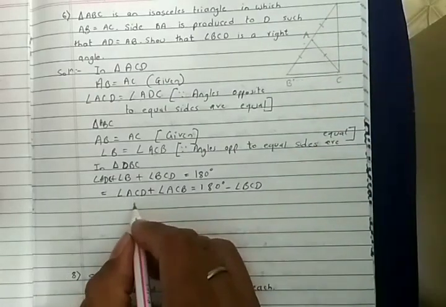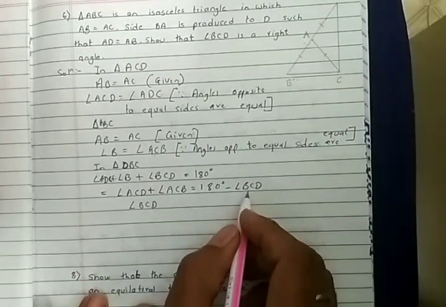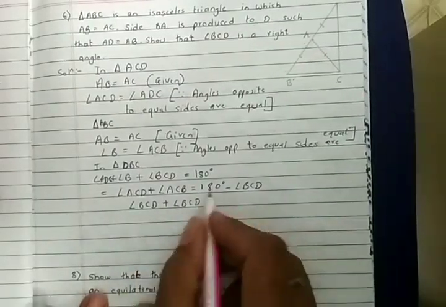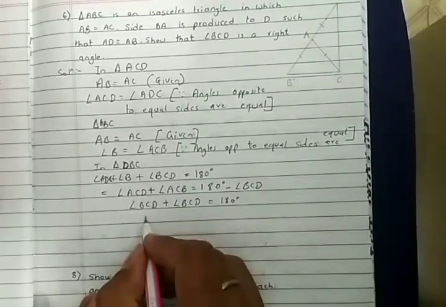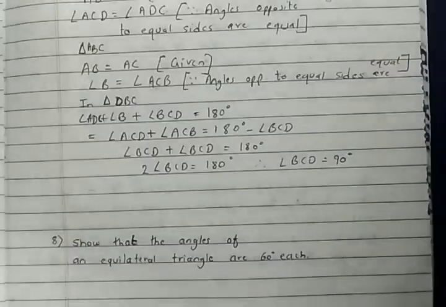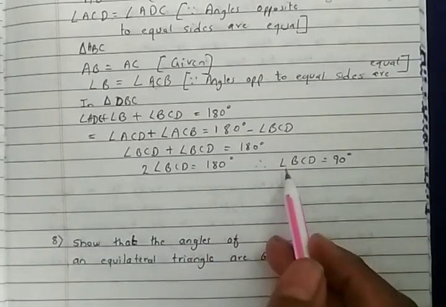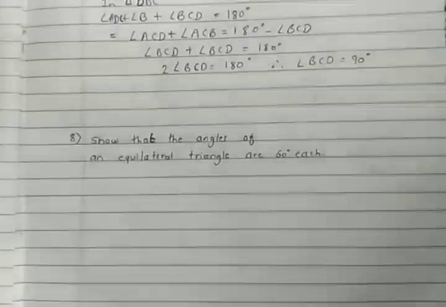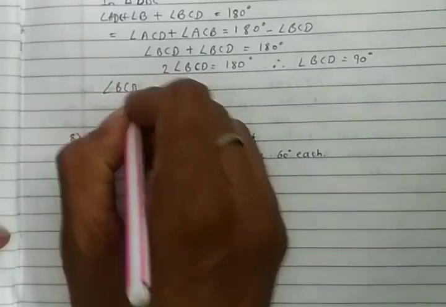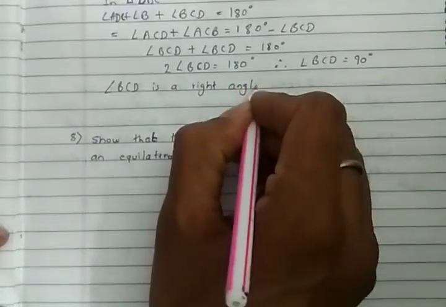So this will be angle BCD, and this you can bring on the left hand side. The sign will change, minus will become plus, so this will become twice of angle BCD equal to 180 degrees. Now if we solve this equation, we will get the value of angle BCD as 90 degrees. So you can say that angle BCD is a right angle, right?